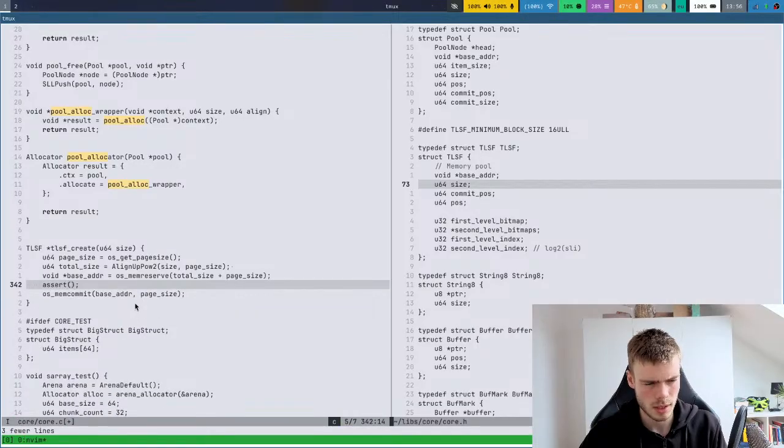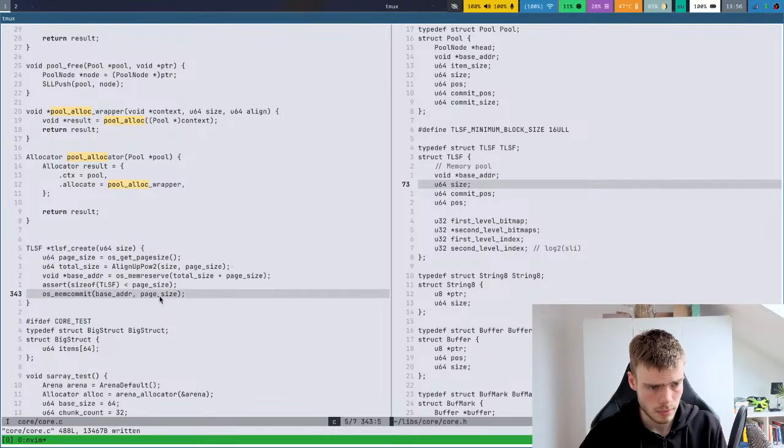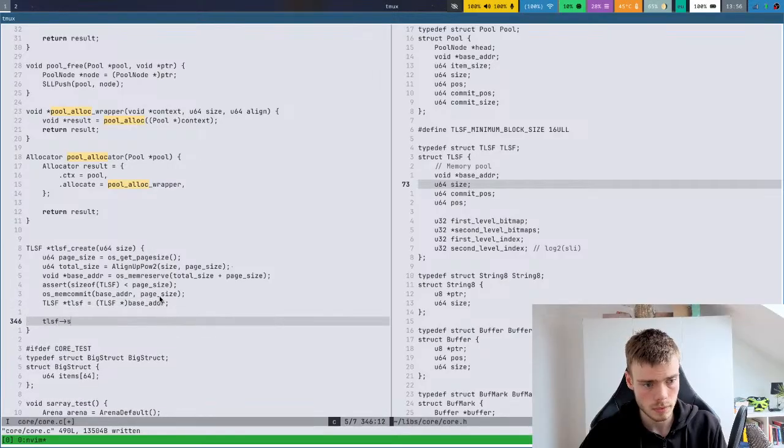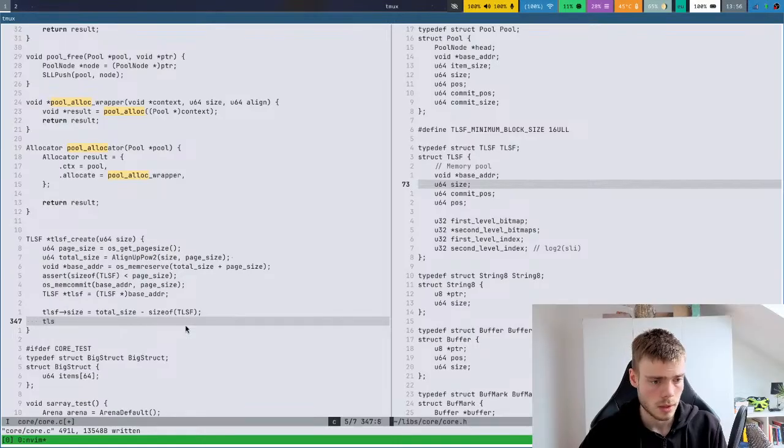Let's first assert that the size of a TLSF is less than the page size. Let's say TLSF is equal to TLSF base address. TLSF size is equal to total size minus size of TLSF.